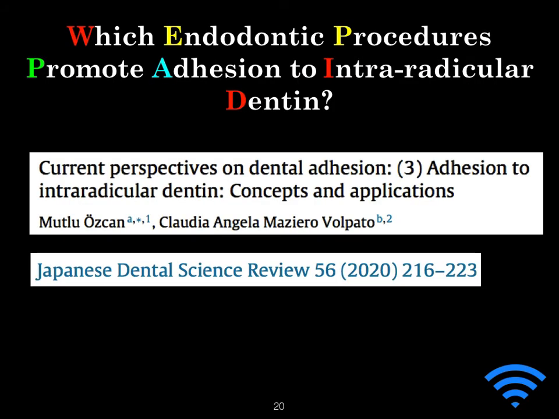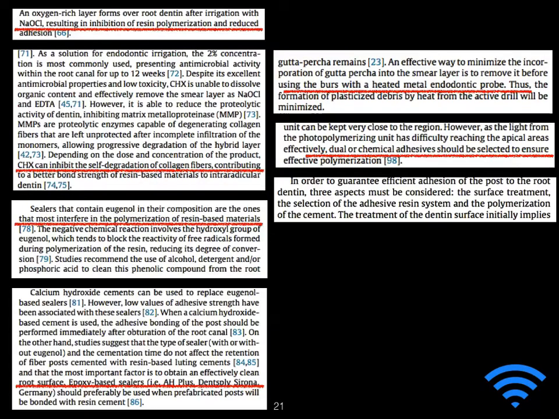Then, which endodontic procedure promotes adhesion to intraradicular dentine? We're gonna go through this paper, which really summarizes some of the advisable clinical practice that you might apply to your clinic to improve the outcome of intraradicular adhesion.